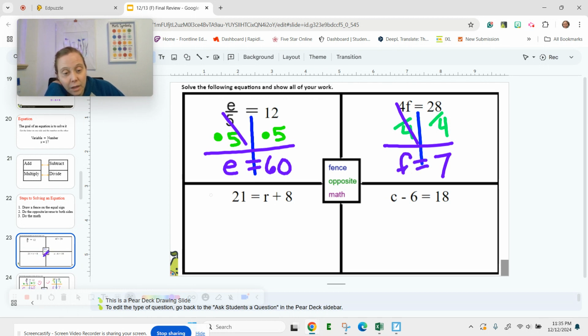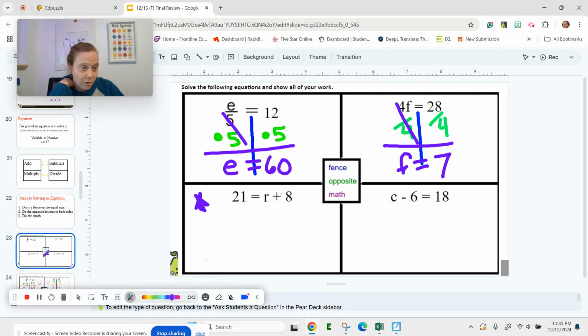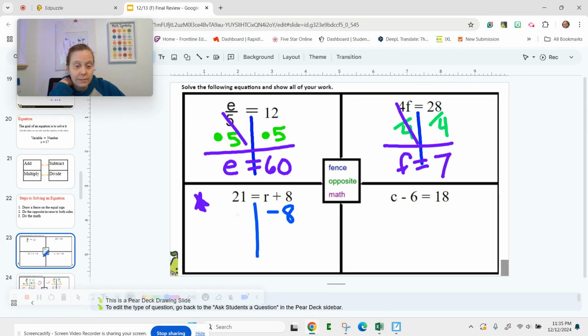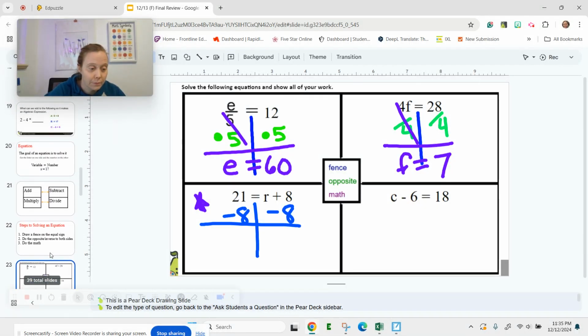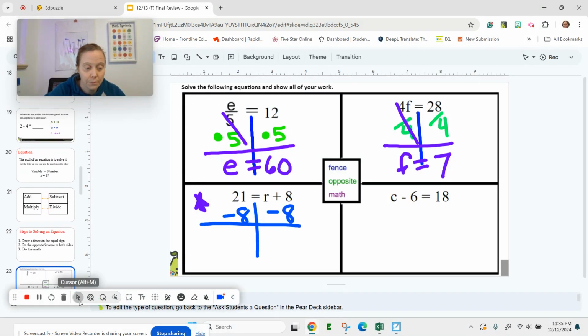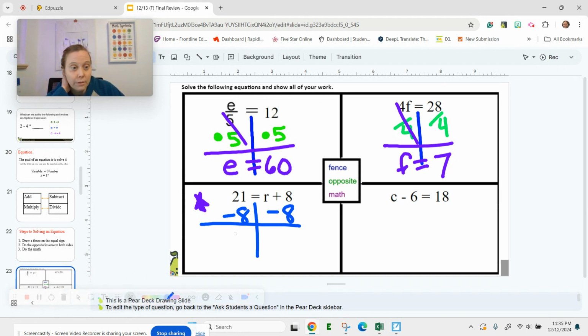All right, try this next one. And if you want to talk through what it is that you're doing as you solve it, there's a way for you to record your voice, so you could do that. Okay, so you should get minus 8, minus 8, we get 13 and r.